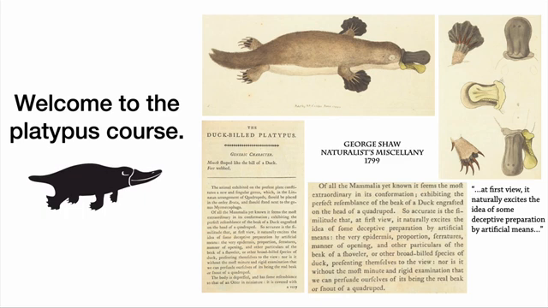They're constructed of lots of different bits. They're drawing on skills from lots of different fields and putting them together in this kind of strange hybrid thing that is the platypus.